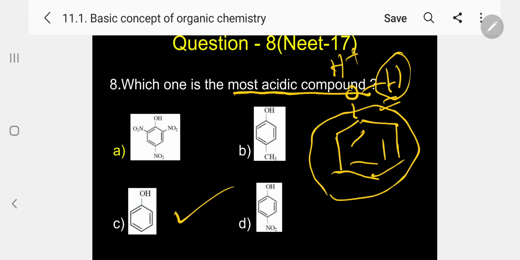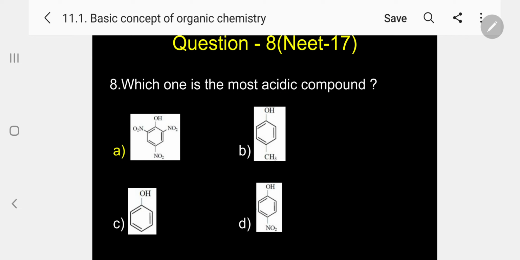I have already informed you in the case of bases. Now in the case of acids, please note my dear students, generally electron attracting groups will increase the acidity. Generally electron releasing groups will decrease the acidity. So in this case, this is the standard.